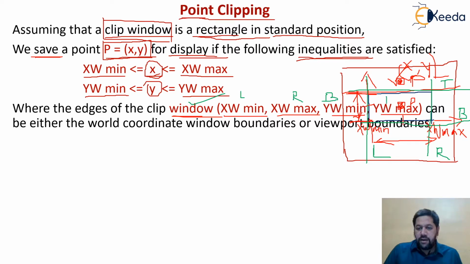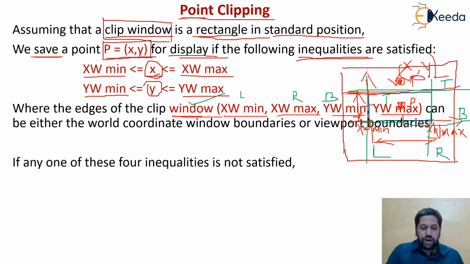The edges of the clip window can be either in the world coordinate or the window coordinate system. Now the main important condition is if any of these four inequalities are not satisfied.